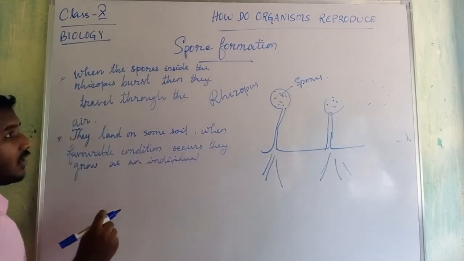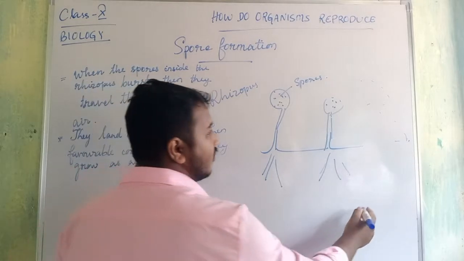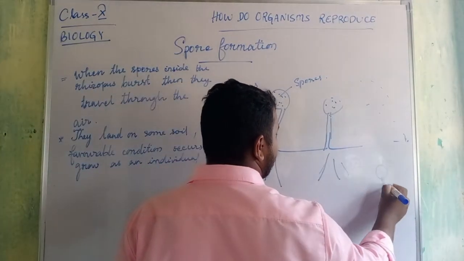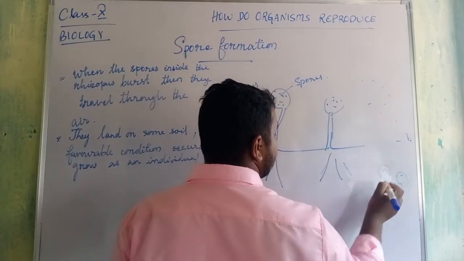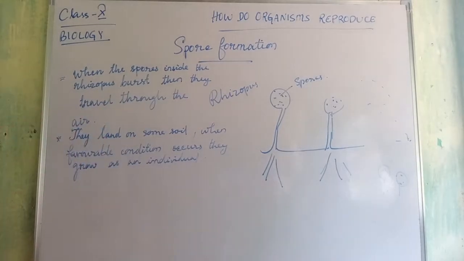They grow as an individual means each spore will grow into an individual like this. So this is the case in spore formation.